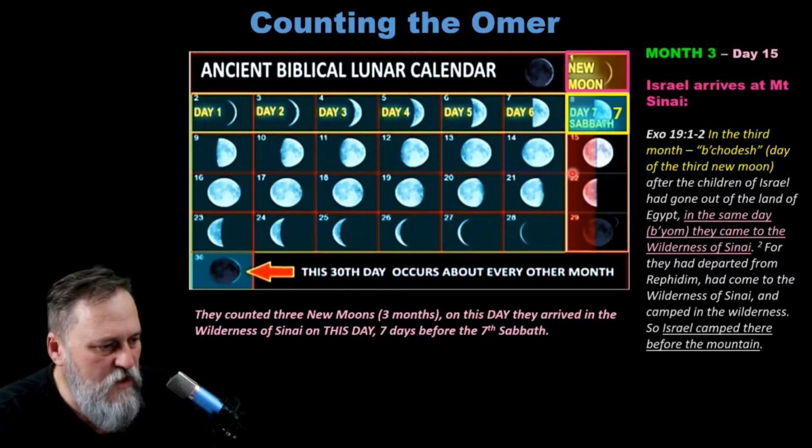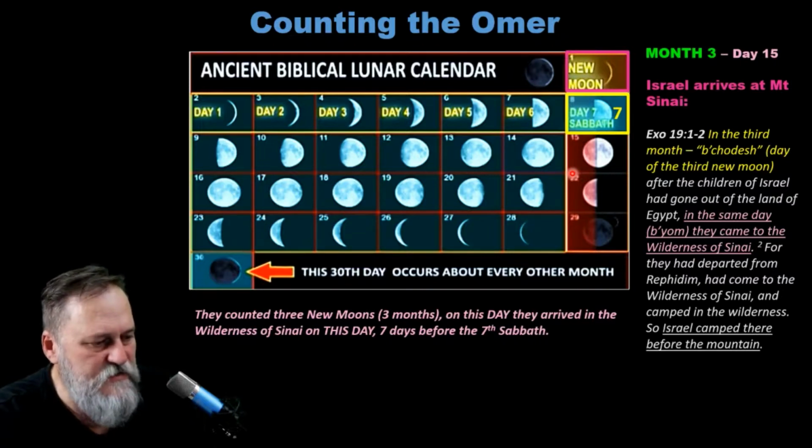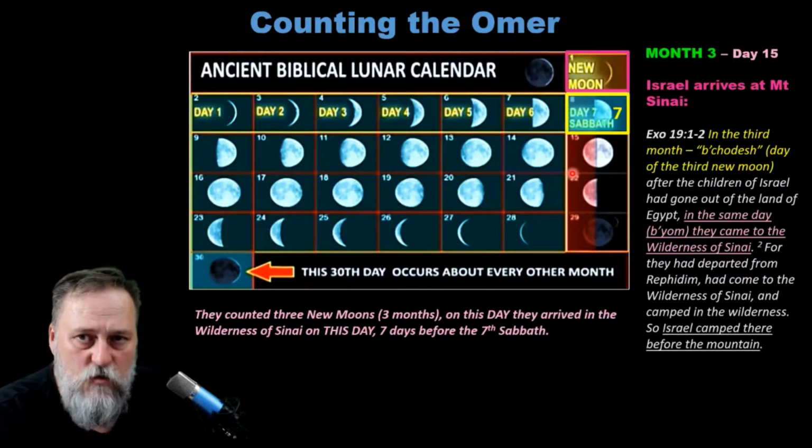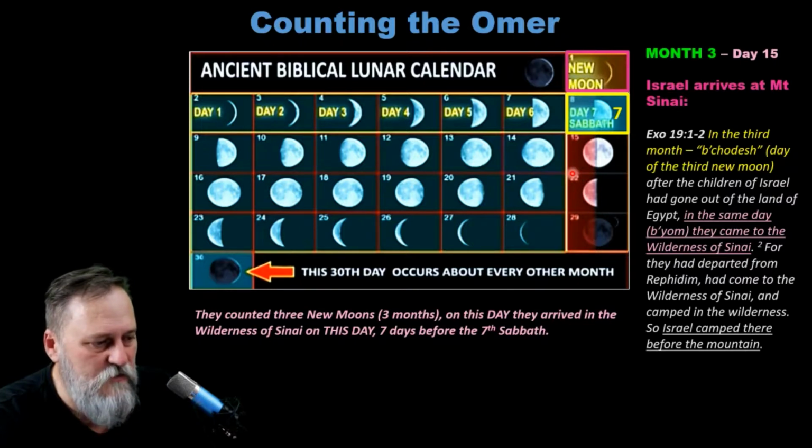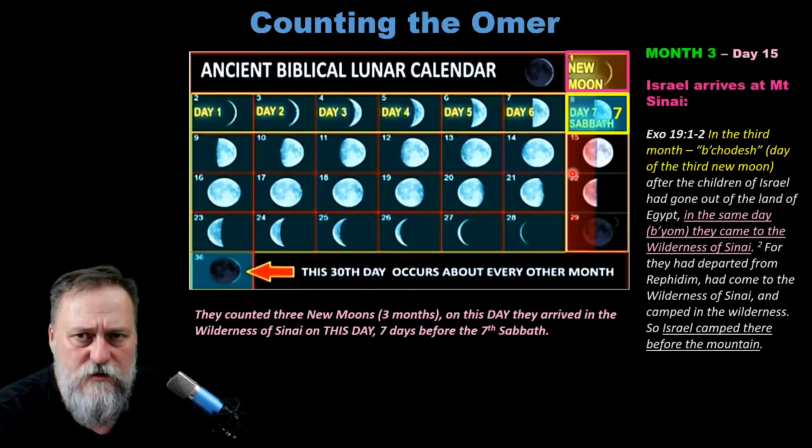It reads on, "After the children of Israel had gone out of the land of Egypt, in that same day, Bayom, they came to the wilderness of Sinai." So which same day? Is it the 15th of the 1st month, that same 15th of the 3rd? Or is it this first statement of in the 3rd new moon, on that same day they came into Sinai?